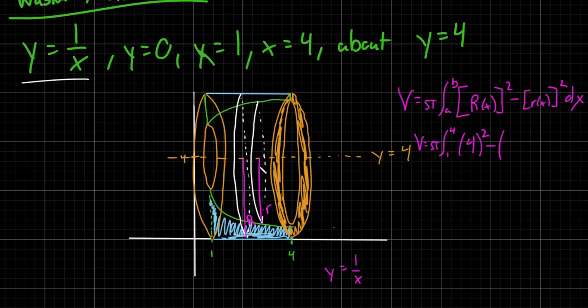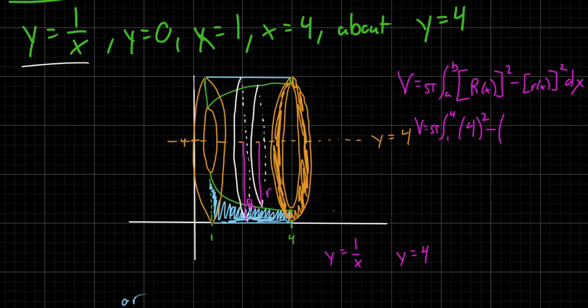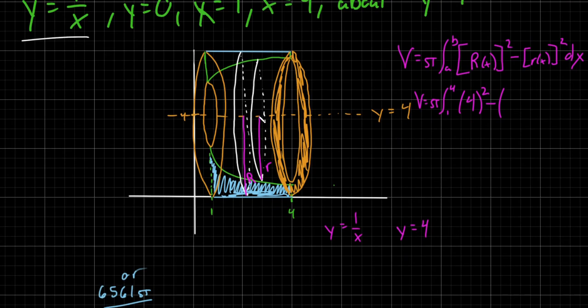Yep, and what's the center of this radius if this is my cylinder? Where does it start at? 4. That is the other function. So, my radius, if this is my center of my circle, I'm starting at my center. We have 4. We're going to go to my function of 1 over x.